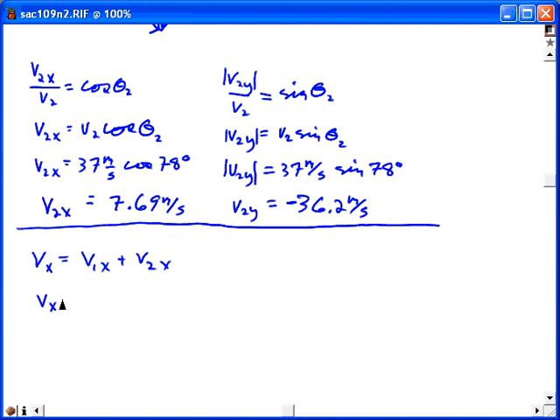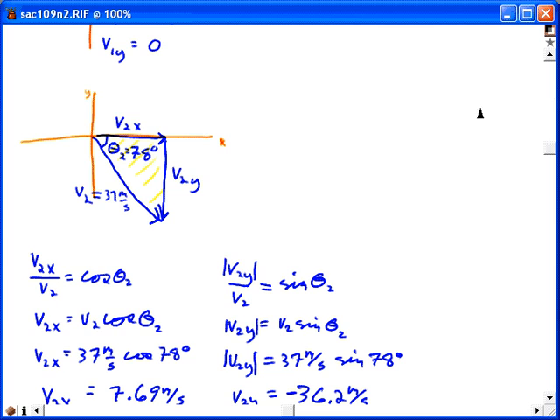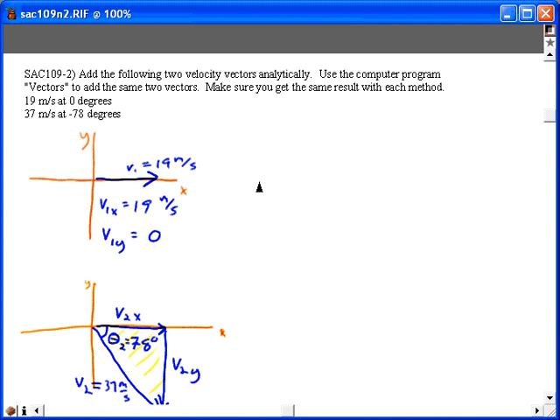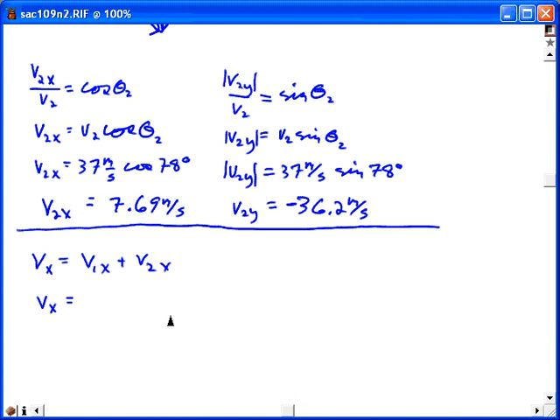So the x component of the total vector is going to be the 19 meters per second that we found for v1x plus 7.69 meters per second that we found for v2x.